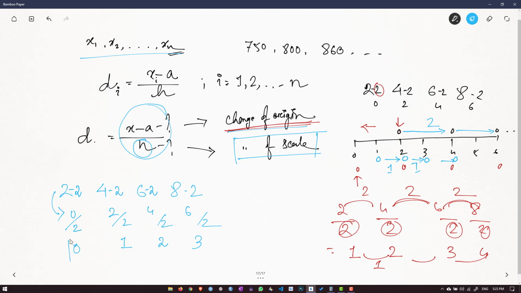Now imagine the calculation involved in finding the arithmetic mean of 0, 1, 2 and 3, and the calculation involved in 2, 4, 6, 8. It is reducing by a little bit. Now let me give you an extreme example.